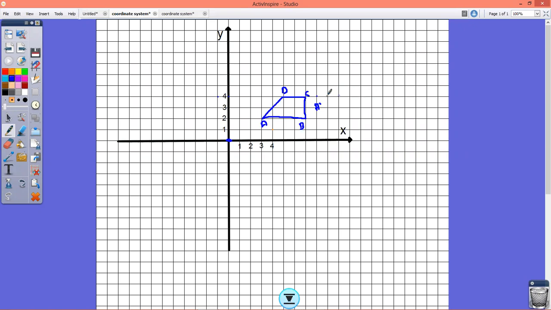This will be B bar. This will be C bar, and this will be D bar.